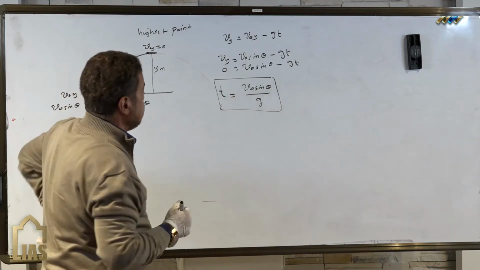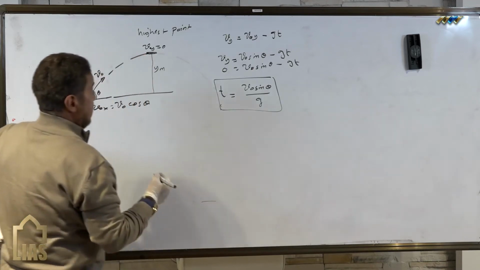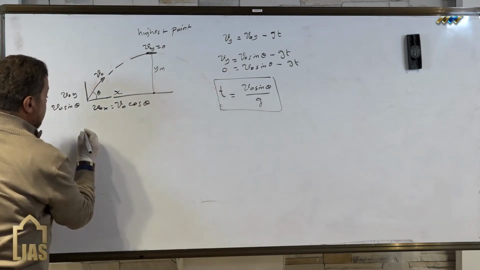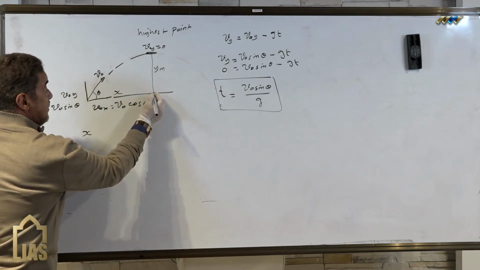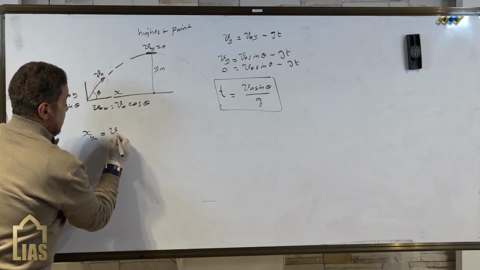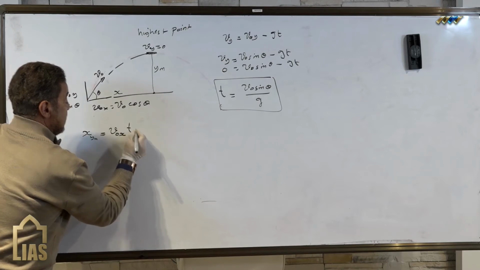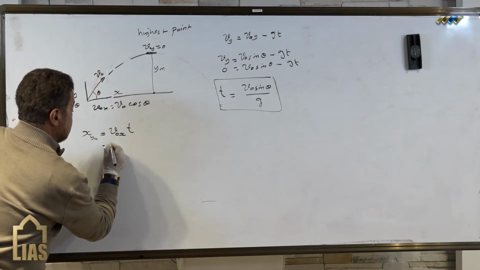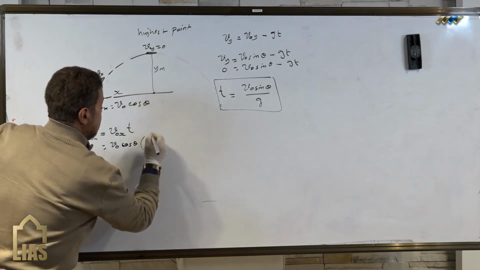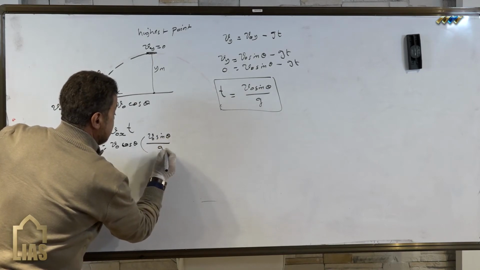Okay. Now we have the x direction, x up to y maximum. x at y maximum is equal to v0x t. v0x is v0 cosine theta, and t we say is v0 sine theta over g.